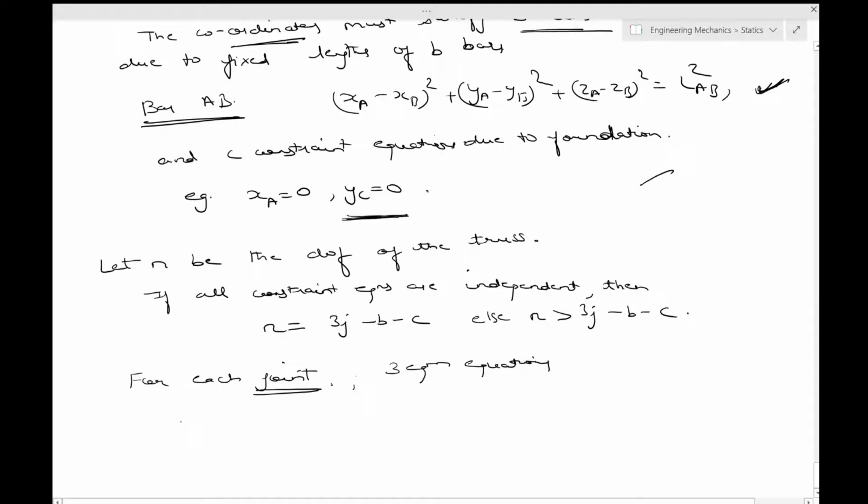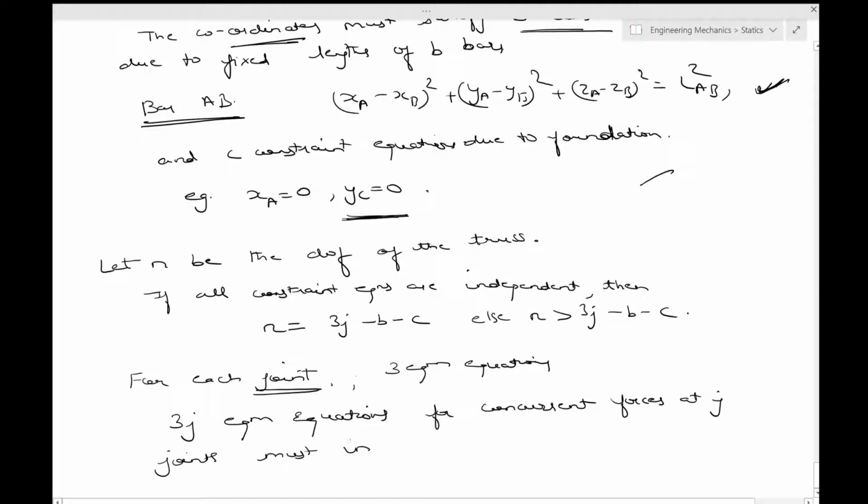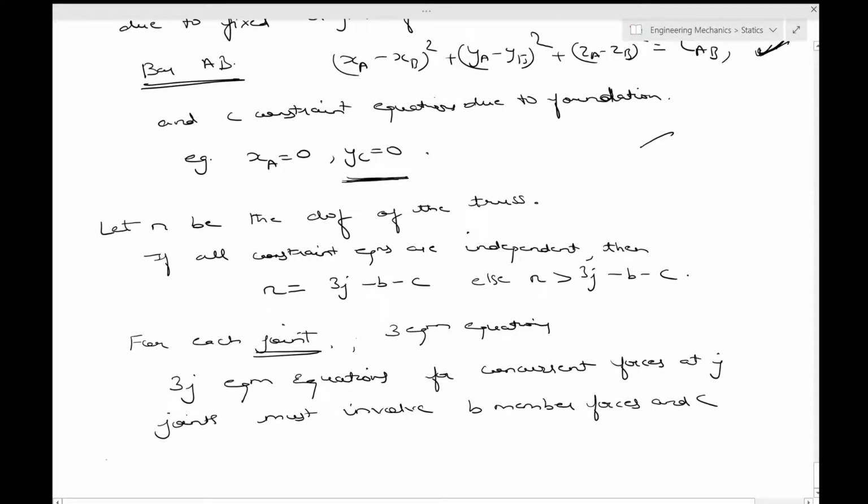That means in total you will have 3j equilibrium equations for concurrent forces at j joints, which must involve b member forces and C foundation reactions.